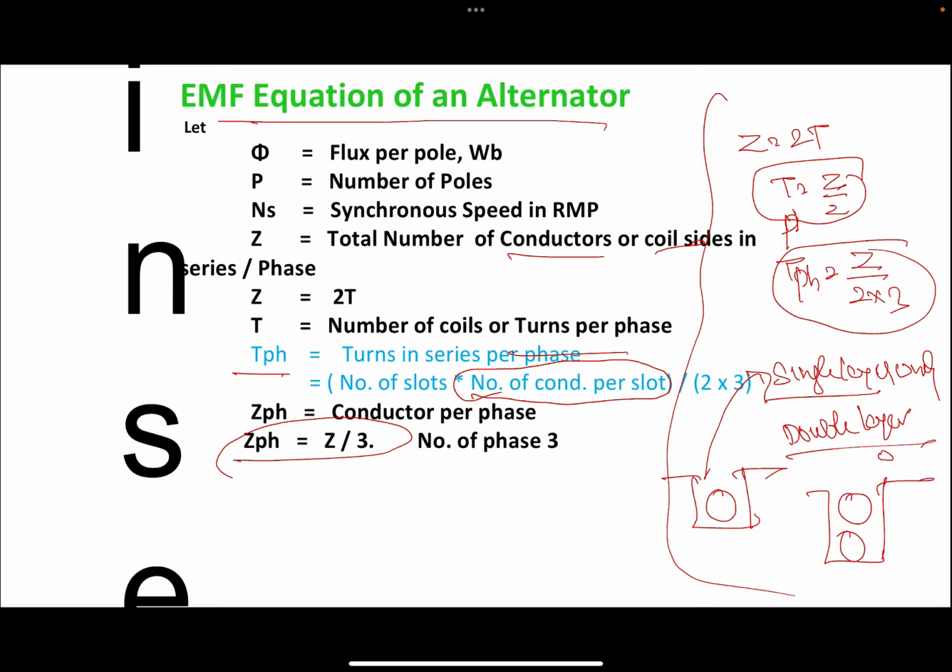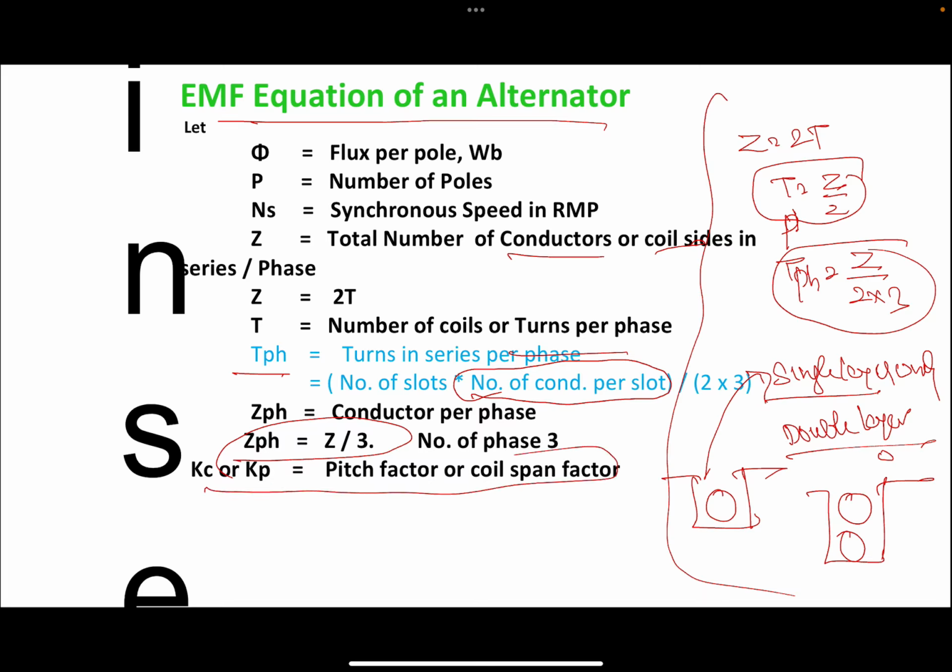What is the answer? 80. So 500 is the total number of conductors, T, 240 is the total number of turns, T per phase, 80 is the turns per phase. So you have to use the corresponding term in the equation. You are not doing anything new here, just converting the formula or term as per our requirement.